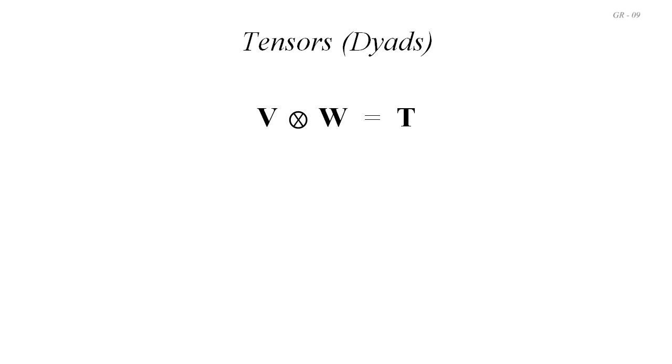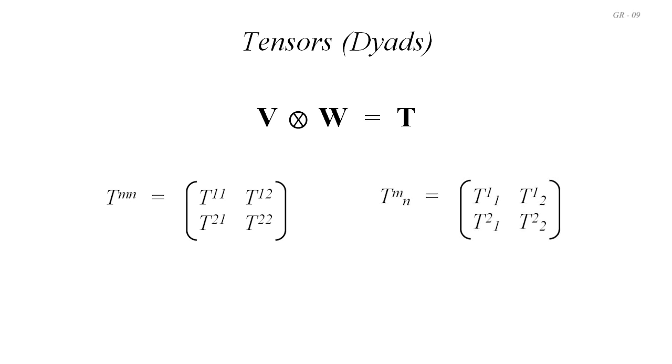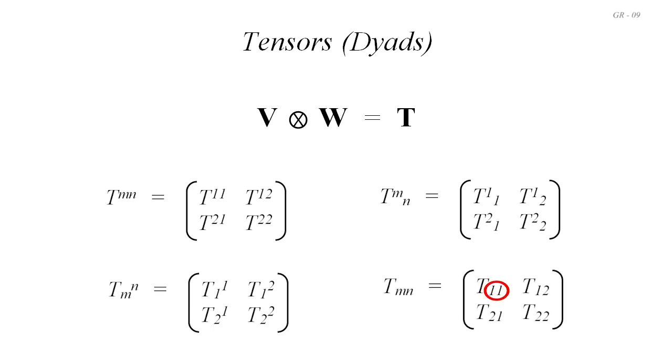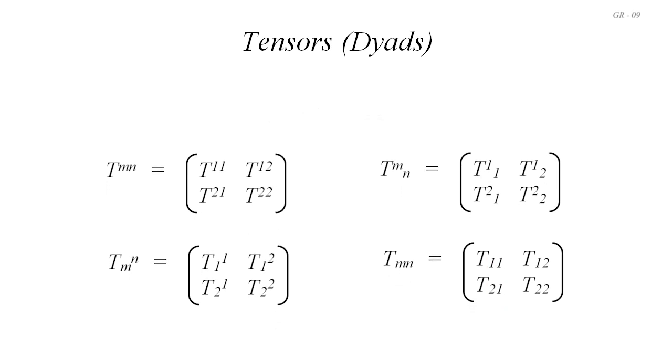That means that the same multiplication of vectors could have produced not only this, which is what we had, but also this, where T11 comes from V1 upper and W1 lower, and so on. Or it could be this, where it used V1 lower and W1 upper, etc. Or even this, where both lower forms were used for both V and W.